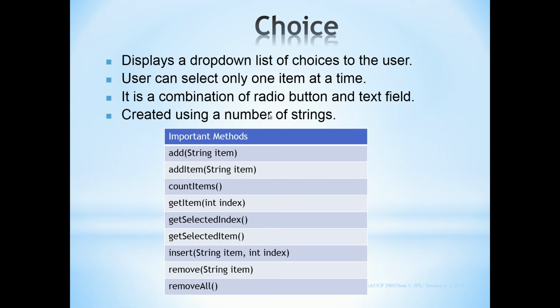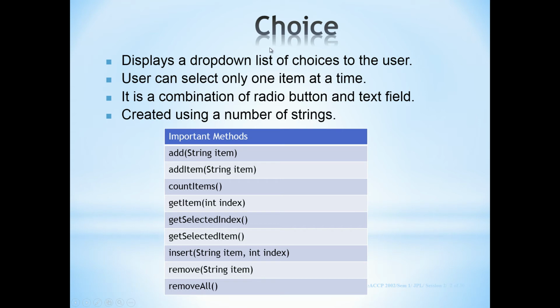You can add, insert, delete items from the list at runtime. Therefore it has a dynamic nature as compared to radio button, as well as if you have 100 choices, 50 choices, then also it will allocate only a single line on the designing screen.